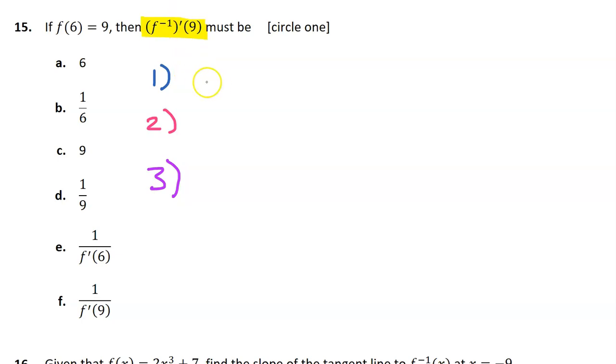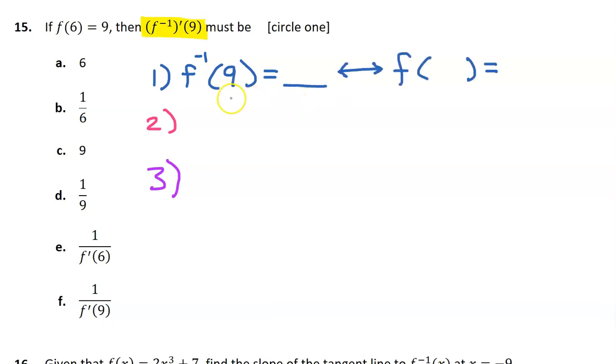The first step is to find just the inverse, not the derivative, but we need to find the inverse at that value. To find this value, we say f inverse at 9 equals what? If we reverse these values, it gives us a point on the regular function.